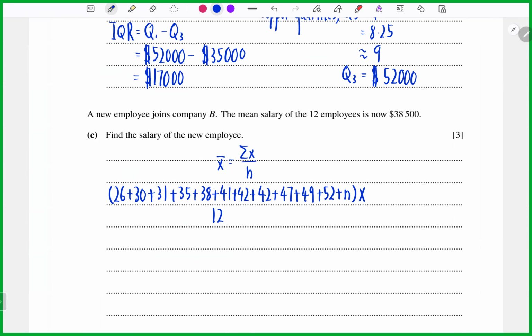Multiply, because it's in thousands, right? So times 1000, which equals 38500.